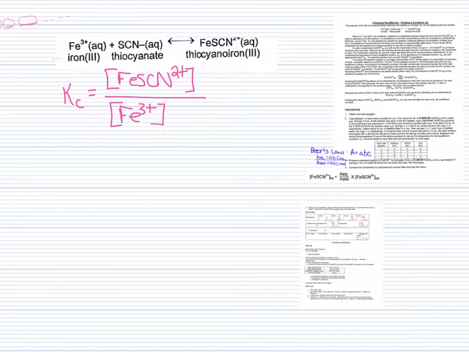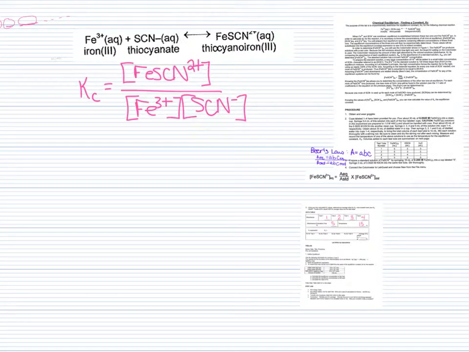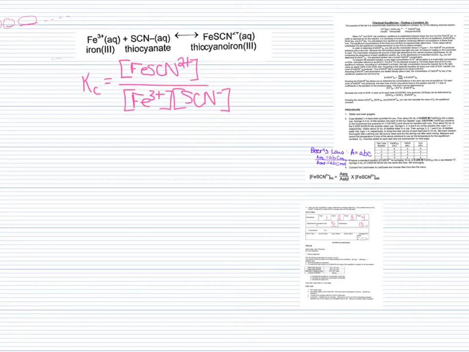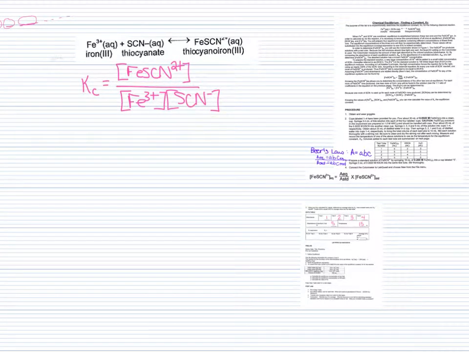Okay, so now that we have this, it wants you to start calculating your different values. One of the first things that you're going to have to calculate is your initial molarities. So you know that you have this Fe.